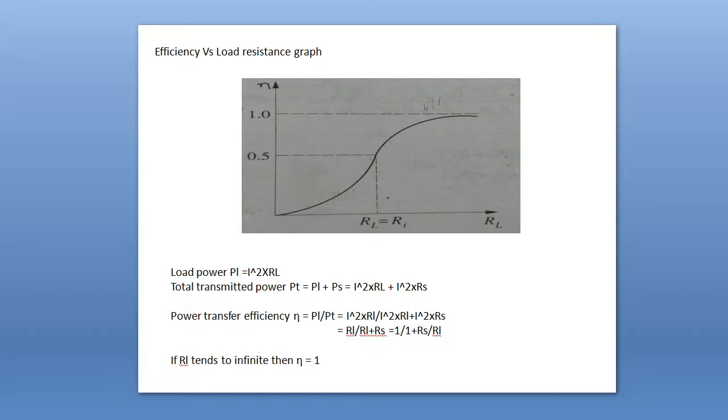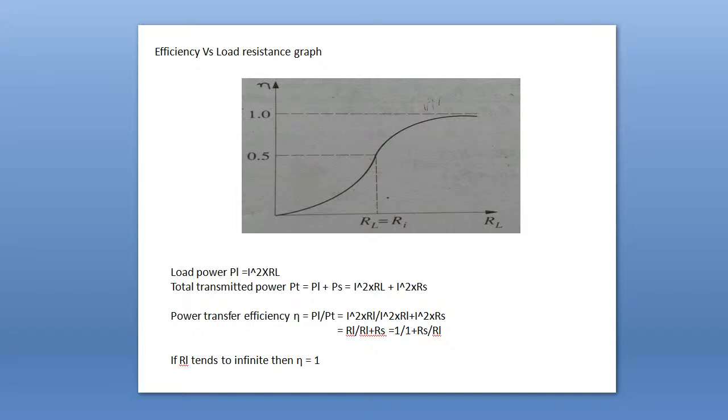You see load power becomes maximum at RL equal to RS, source resistance, and on both sides of this point load power decreases. So that's why you will get a bell-shaped curve.